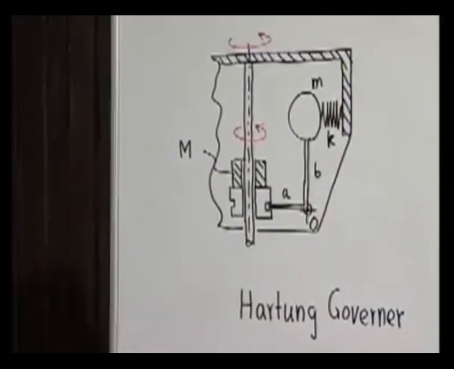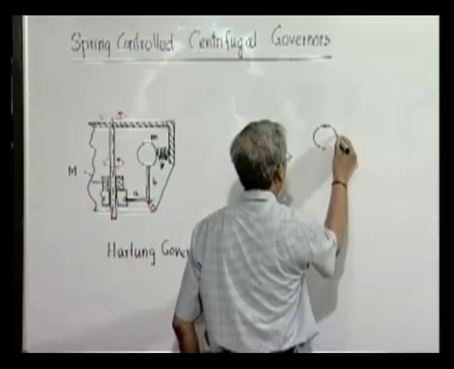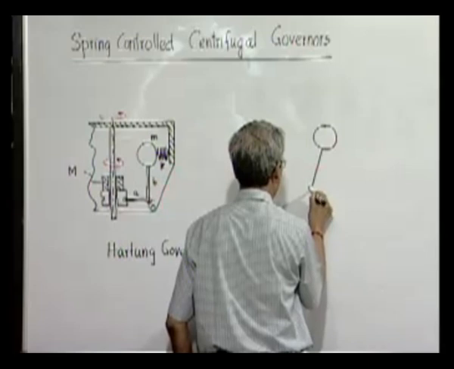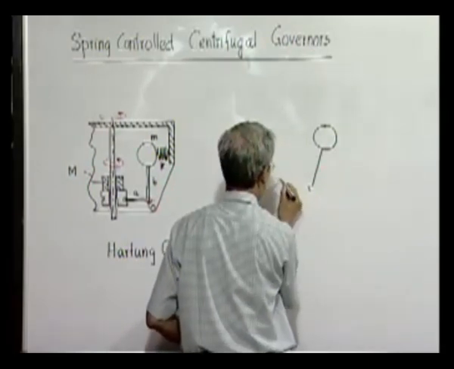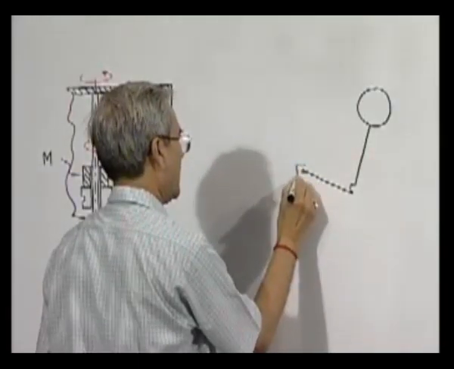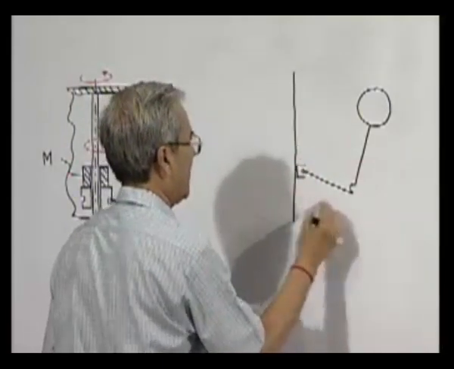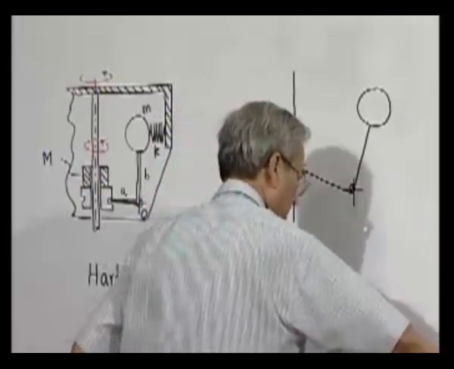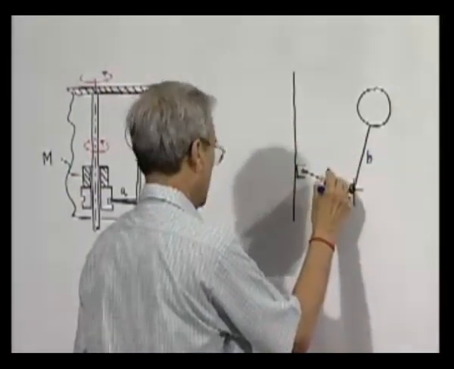So schematically, in a deflected position, that means when it is rotating at a particular speed, this length is b, this length is a.